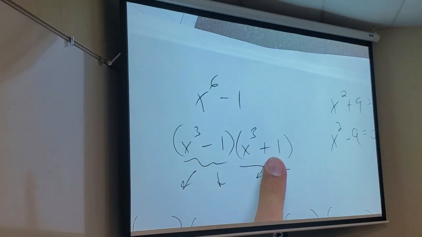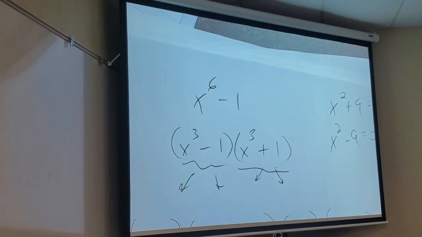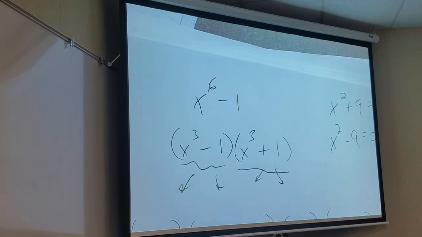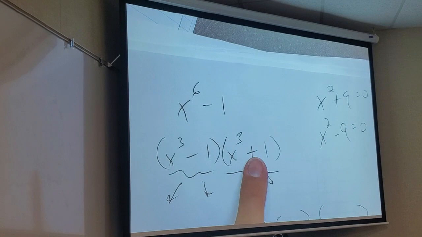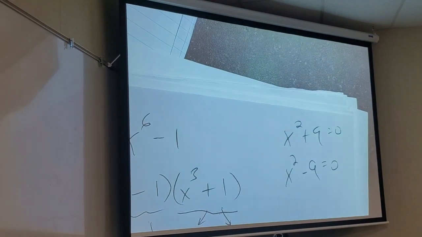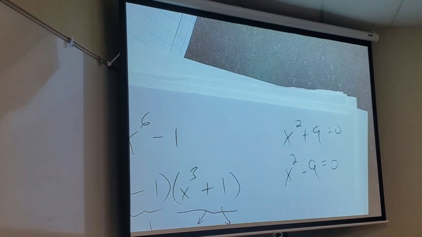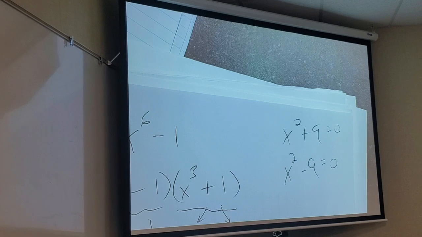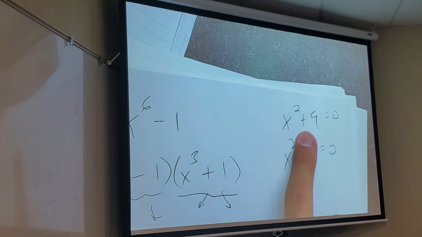If I try to solve either one of these, I add one or subtract one, take a cube root, there's no problem. Cube roots can handle negatives. Do you guys see that? That's why I could do a sum or a difference of cubes, but I cannot do a sum or difference of squares without bringing in complex numbers, correct? Because it's an even exponent. Because in order for the middle term to cancel, I have to let both signs be different.